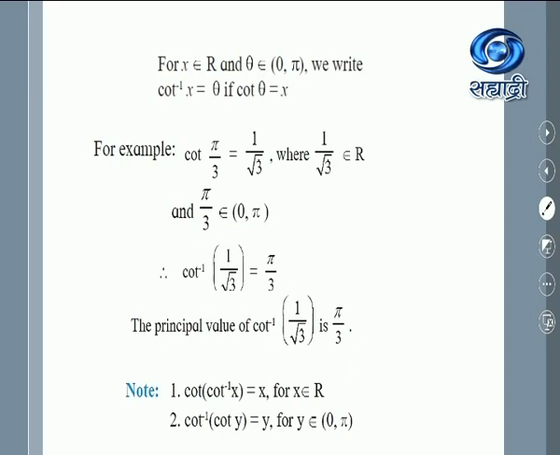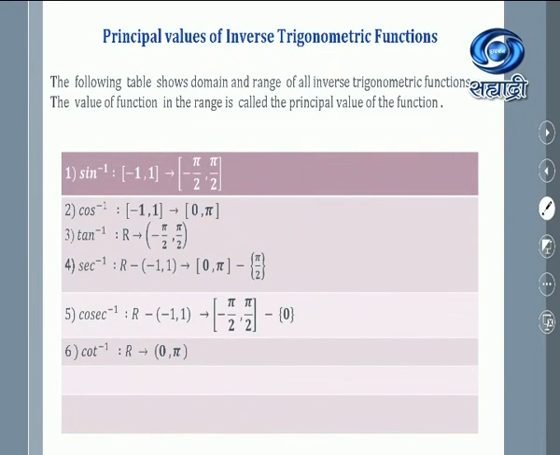And as I told you in the previous inverse trigonometric functions, we wrote cot of cot inverse x is x for x belonging to R, and cot inverse of cot y is y for y belonging to the open interval 0 comma pi. Clear? Now this table is very important to remember.